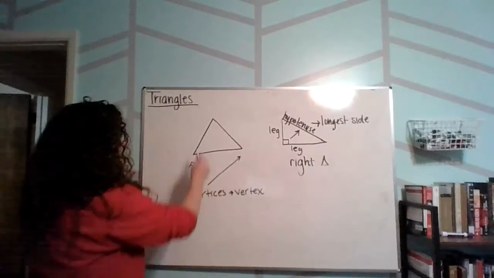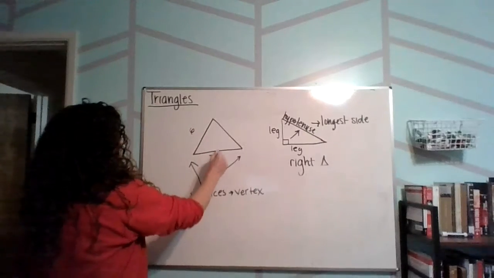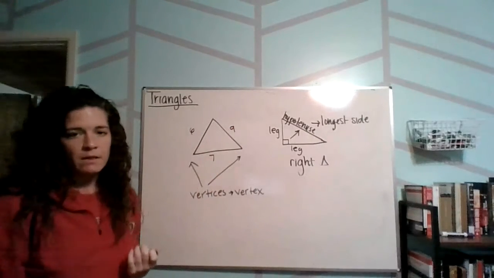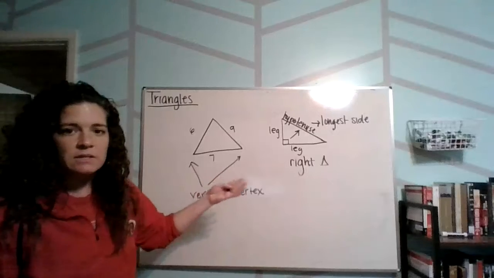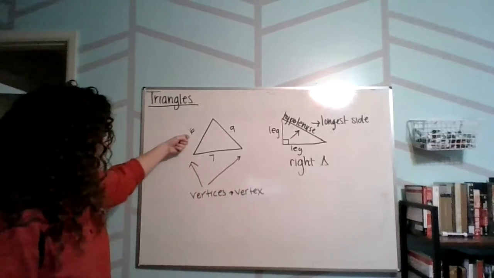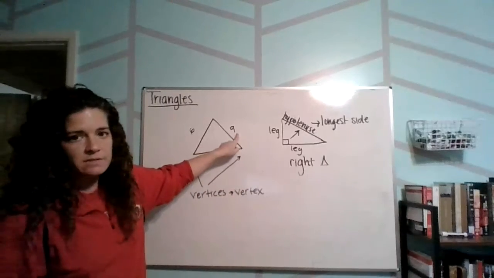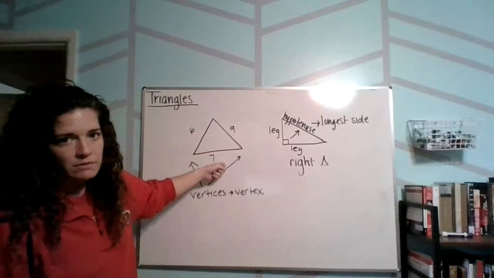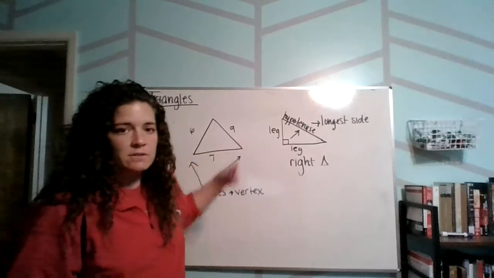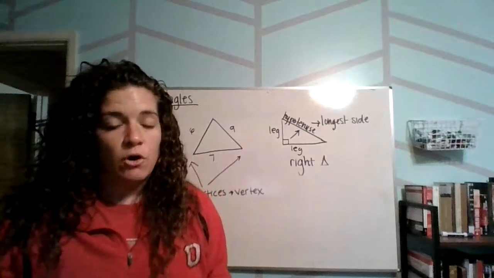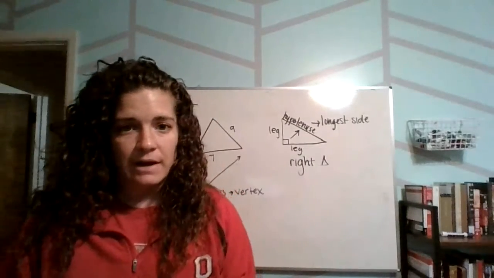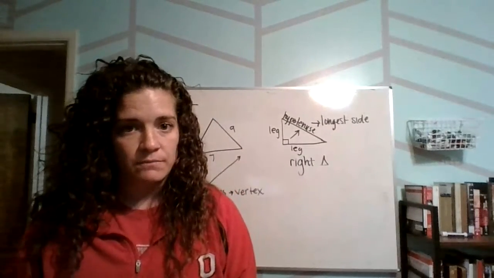Let's say the sides of this triangle were 6, 7, and 9. You can easily point out that the smallest side is 6, the largest side is 9, and the middle side is 7. Since 9 is the largest side, that is what it's called, just the largest or longest side. It is not a hypotenuse.